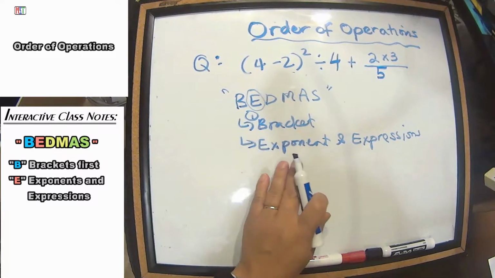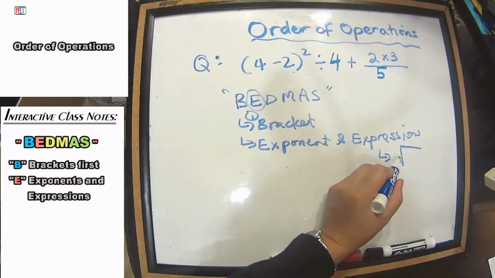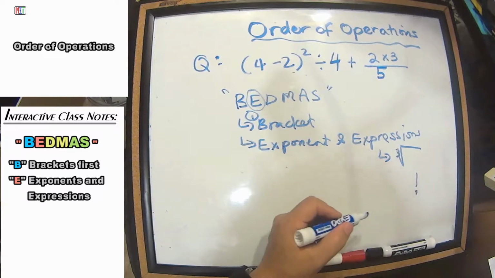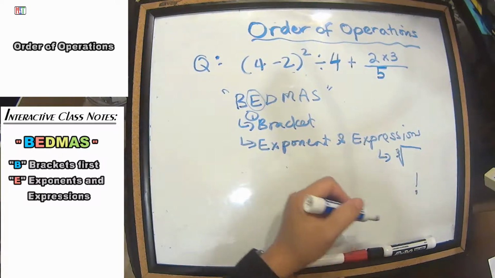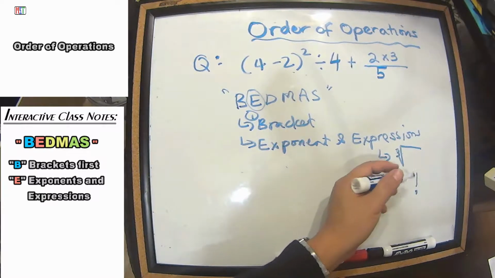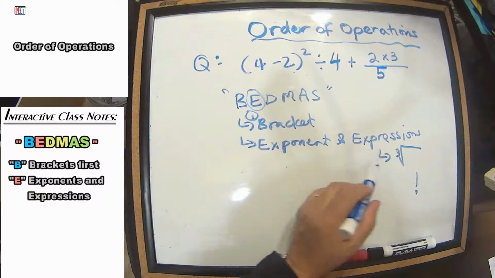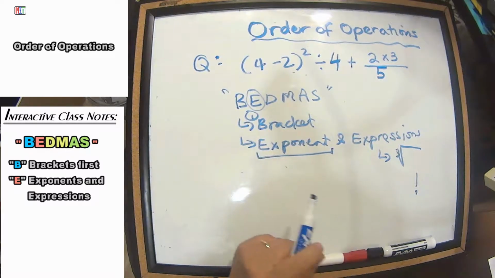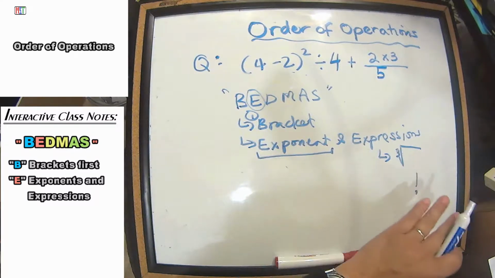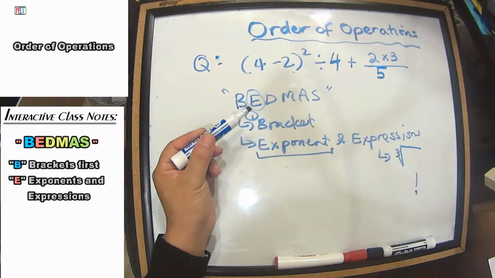An operator other than exponent could be, for example, square root, or cube root, or even this operator, factorial, the exclamation mark, which in math means factorial. So we're not going to deal with this for now. We're going to focus on exponent, and later on, if we come across this expression or operator, we're going to follow that.